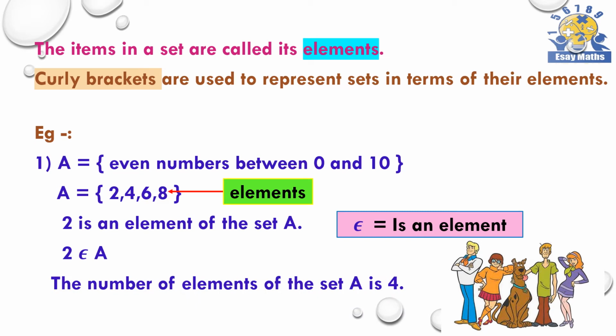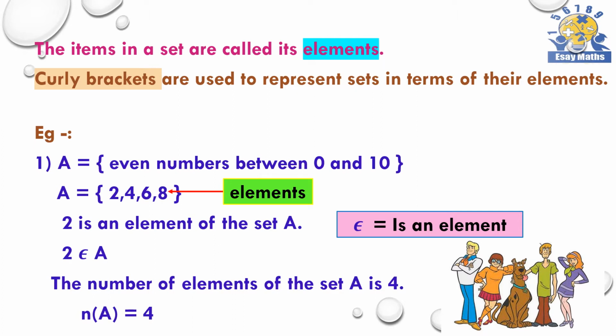Now we can count the number of elements in this set. It's 1, 2, 3, 4. So the number of elements of the set A is 4. Now we are going to represent this in set notation, it means using the symbols.